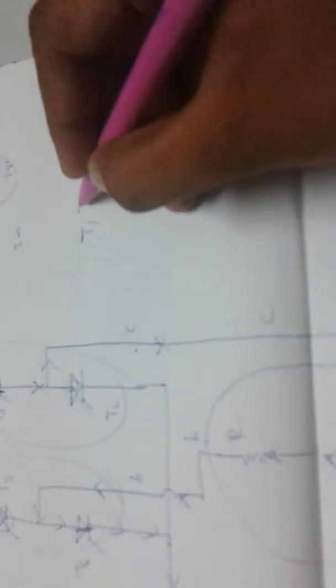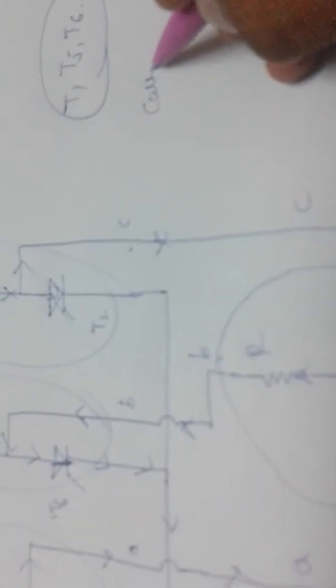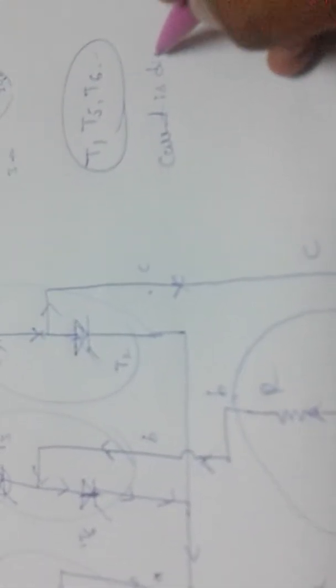Now which are on? T1 is on, T5 is on, and T6 is on, right? Here we observe that the current is dividing. Let's draw.